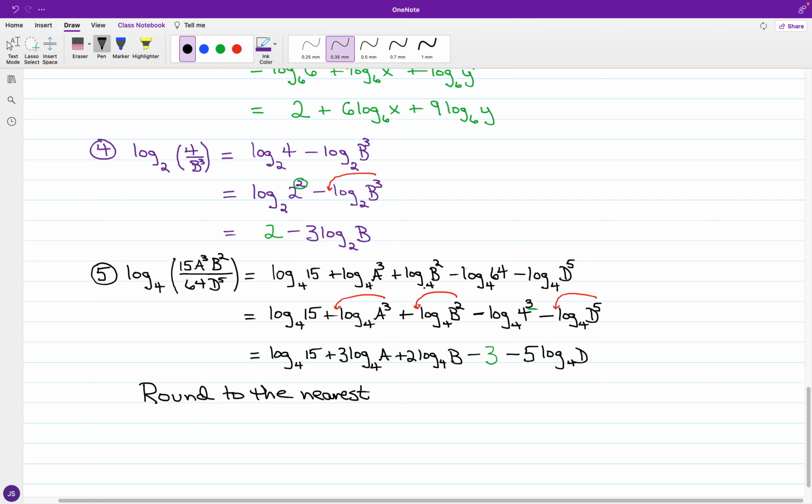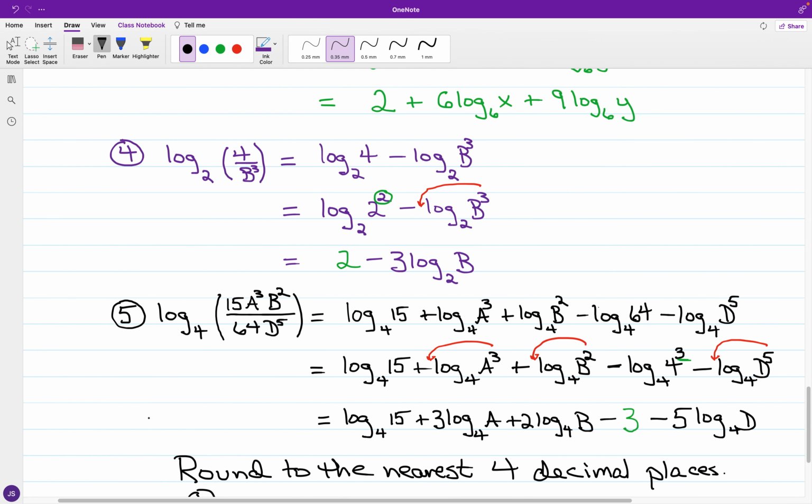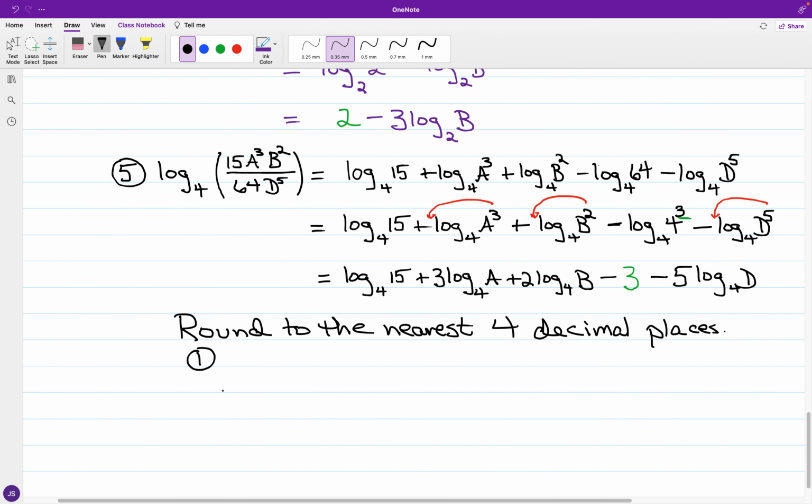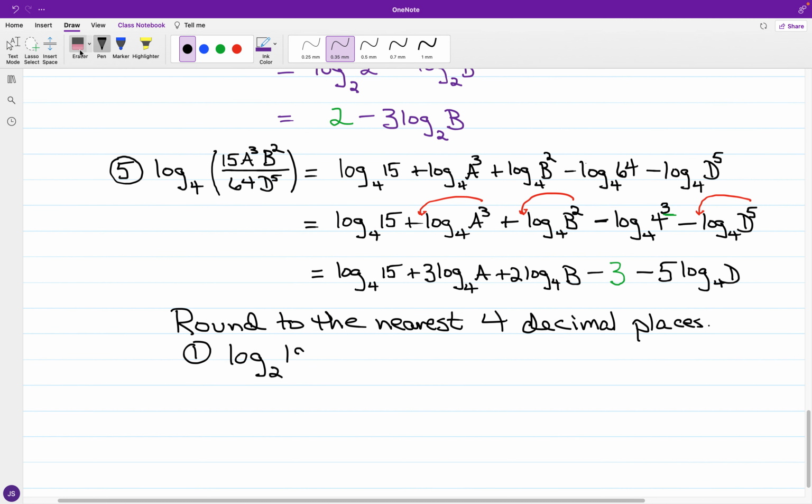So if we're rounding to the nearest 4 decimal places, let's see what we get for the base 2 logarithm of 19.